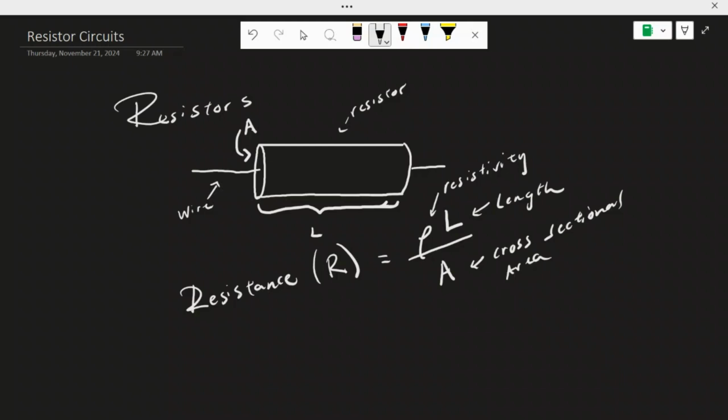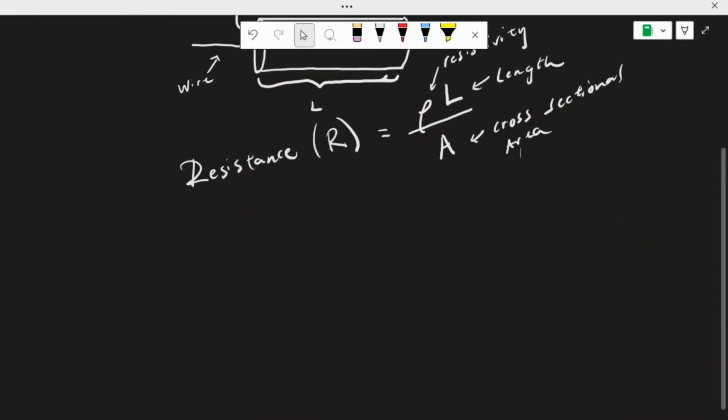Then we divide by the cross-sectional area because think about it like a large group of people trying to move through a small area, or like a road where you have multiple lanes. The more lanes that you have, the easier it is for cars to move through, because if one car is moving slow, you can just pass them, or you can have 3 cars taking up the same amount of length that only one car would take up. So that makes it easier for things to move through. So the resistance goes down if the cross-sectional area goes up. So this makes sense.